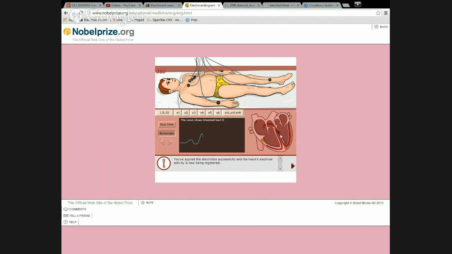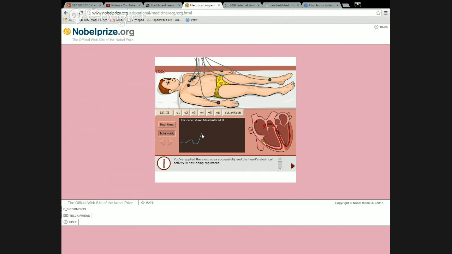Now, the left bundle branch is not conducting, so the signal's not going directly to the left side. The left side lights up at this point, at the same time that the right side's reached the end of its conduction pathway, because there are connections all the way across the ventricles. And so even though the left bundle branch isn't working, the left side of the heart gets its information. It's just getting it a little late, and it's not getting it in the correct order from the apex up to the top.